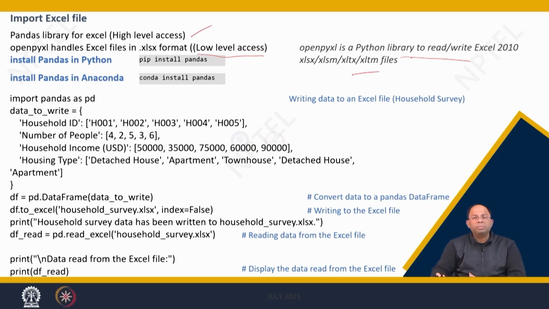By default, pandas may be there, but if it's not, you can install it using the command pip install pandas, or if you are within the Anaconda framework, like we are doing with all the examples, using Spyder, you can type conda install pandas in the command prompt. And then we can start writing code where we import the pandas library.